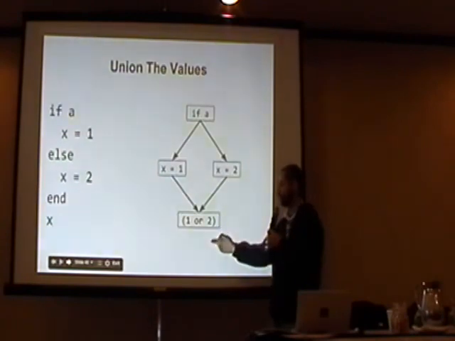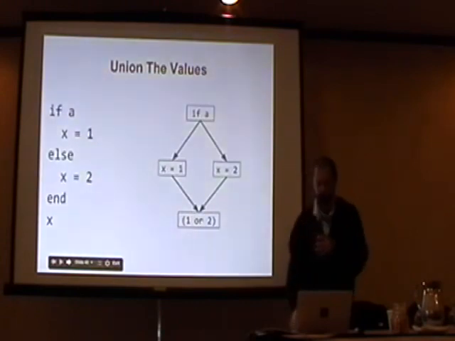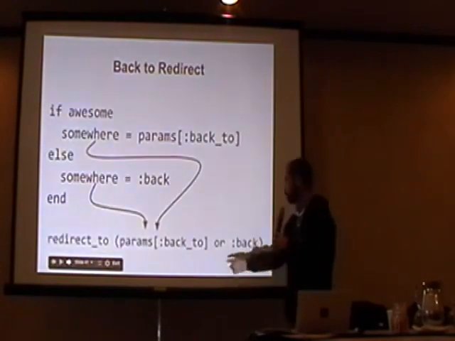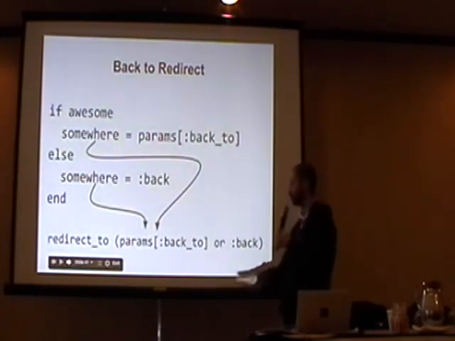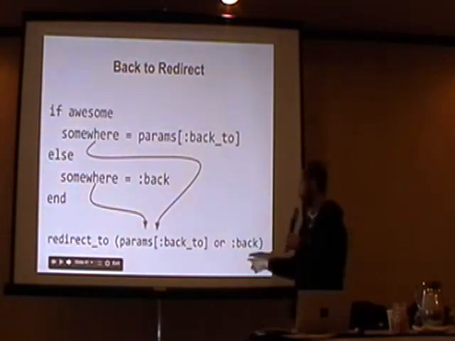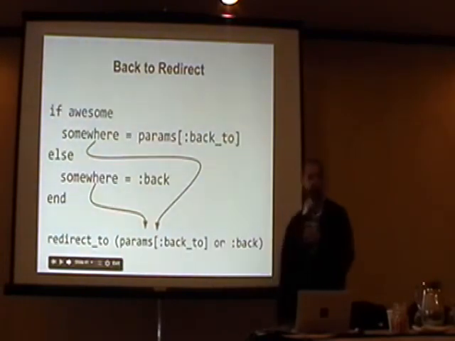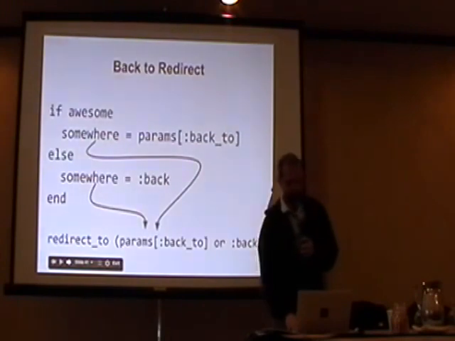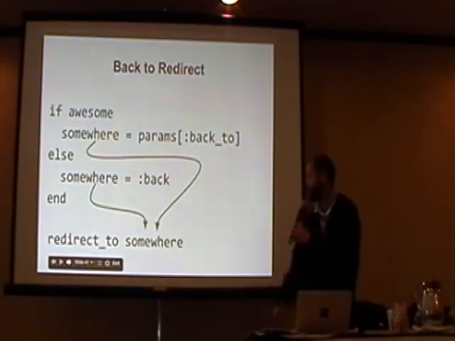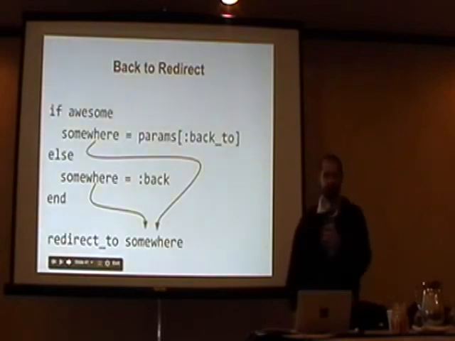If you wanted to express that in Ruby code, maybe you just write 1 or 2. Now X is 1 or 2. And if one of those values is dangerous, now we know. Again, we're only looking at the actual call site right here, but we can look at the values it might be, and it could be dangerous. But if you're going down this road, let me tell you, it's painful. It's way easier to just assign somewhere to back, and then people use conditions, whatever.